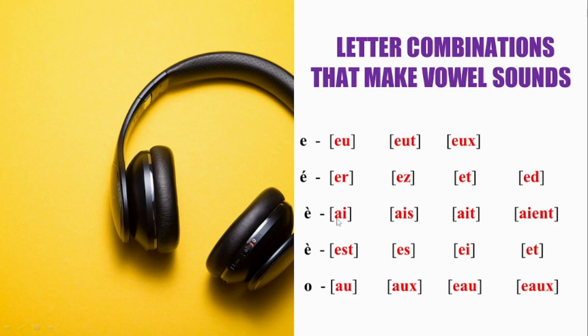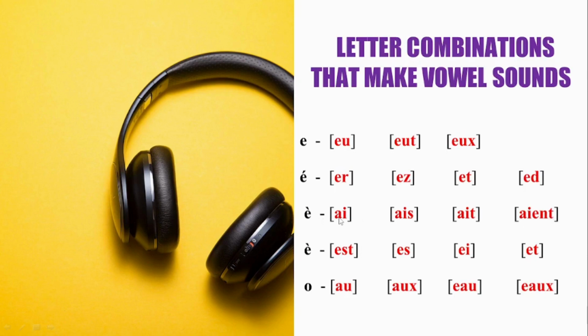So, letter combinations that create the vowel sound are AI, AIS, because let's not forget that S also is silent at the end of words, AIT, T is also silent at the end of words, and AIENT, where the ENT is silent in verb conjugations.